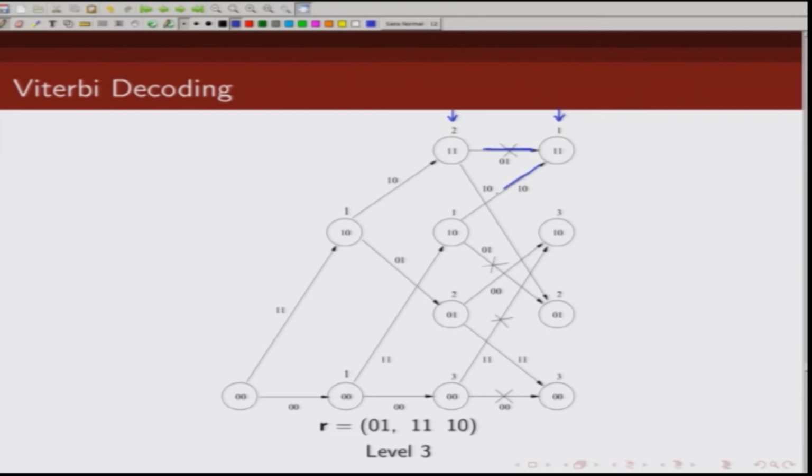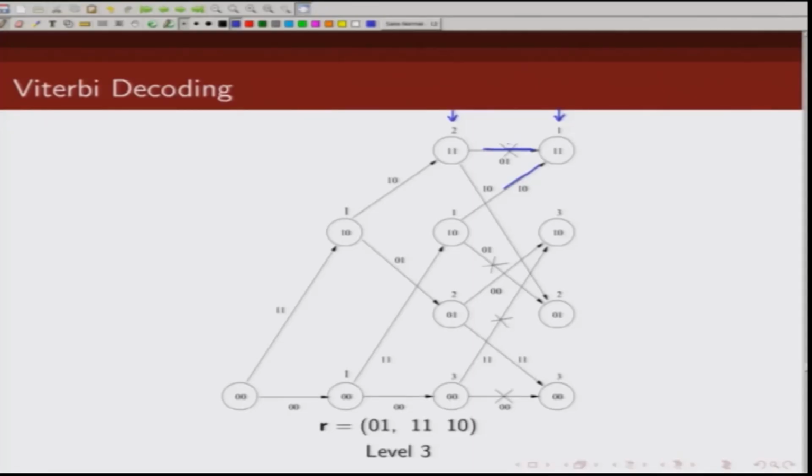So, we are going to choose which one of these two gives us a better path metric, and then we are going to choose that path as our surviving path, and we are going to delete the path which does not give us the best metric, and we will also store what is the best path metric corresponding to that particular transition.